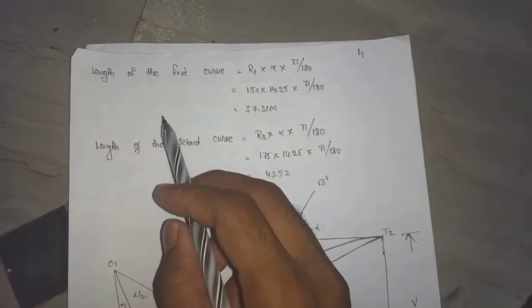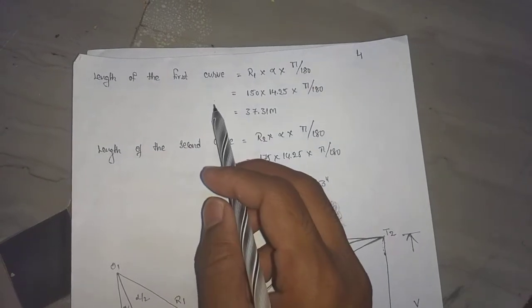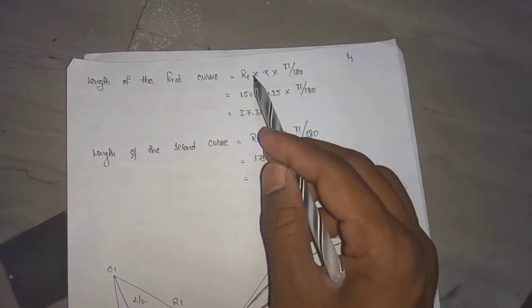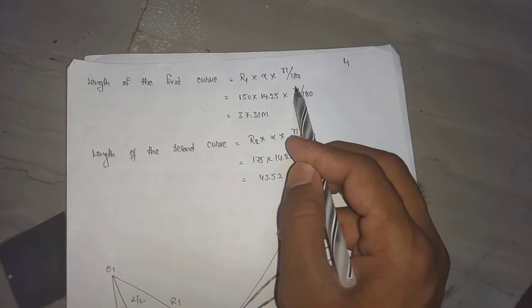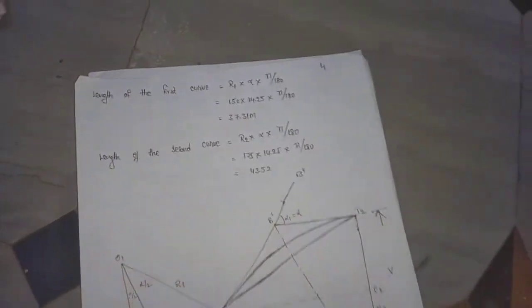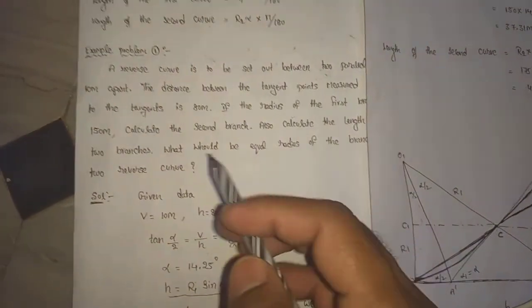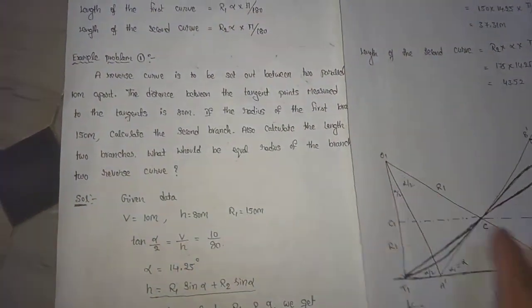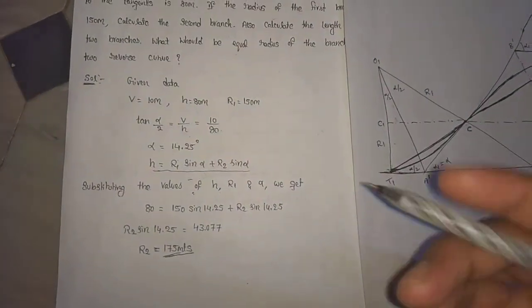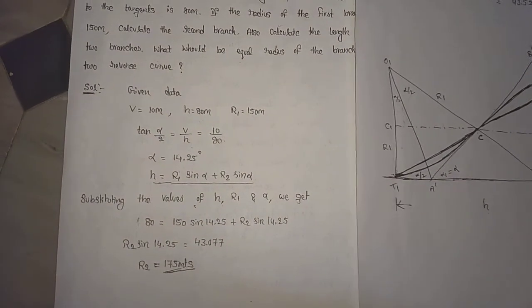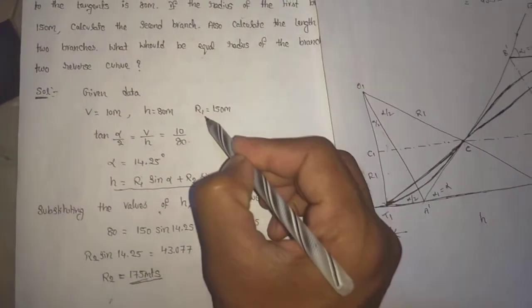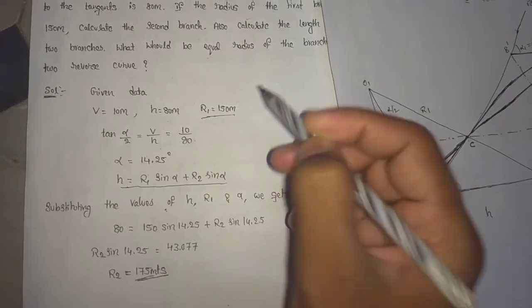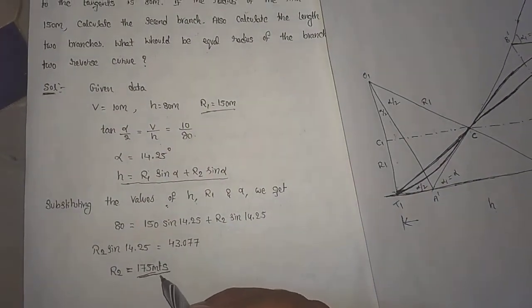Next concept, length of the first curve. The formula is R1 into alpha into pi by 180. R1 is given as 150, and R2 we get as 175 meters.